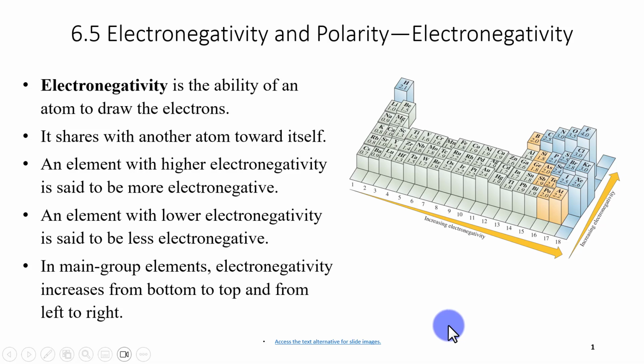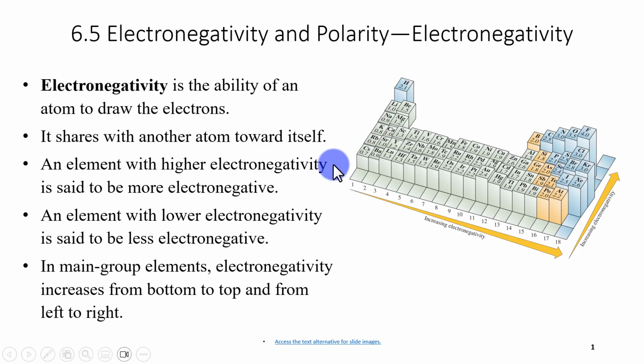Those atoms that have low ionization energies lose electrons very easily, and therefore they're not going to have high electronegativity values. They're not highly electronegative because they don't want those electrons. They're giving them up. So the elements that have the highest electronegativities are going to be found on the right-hand side of the periodic table.